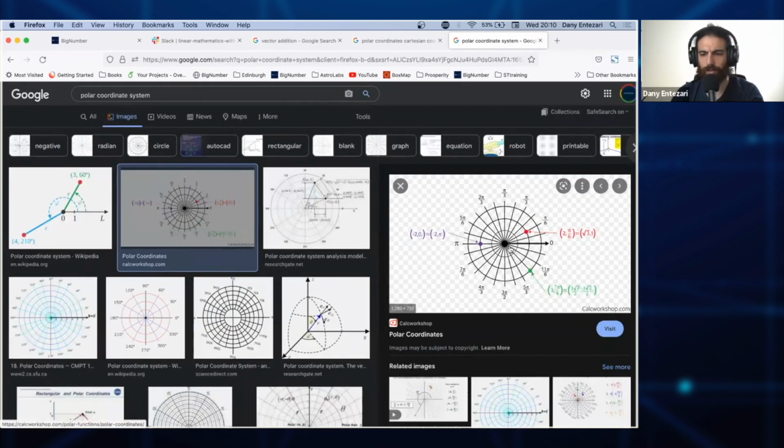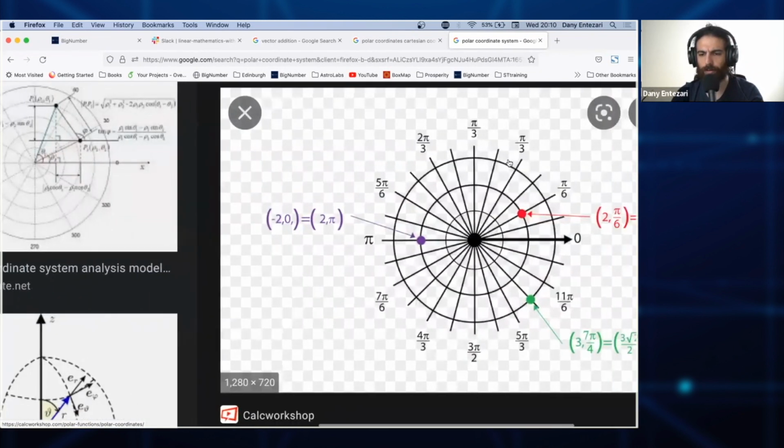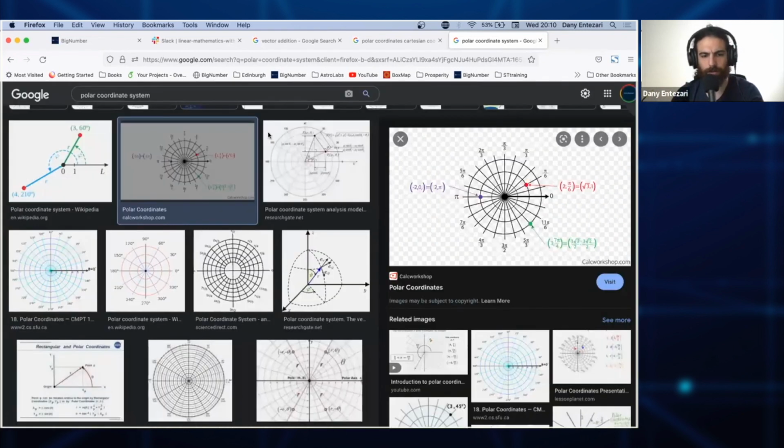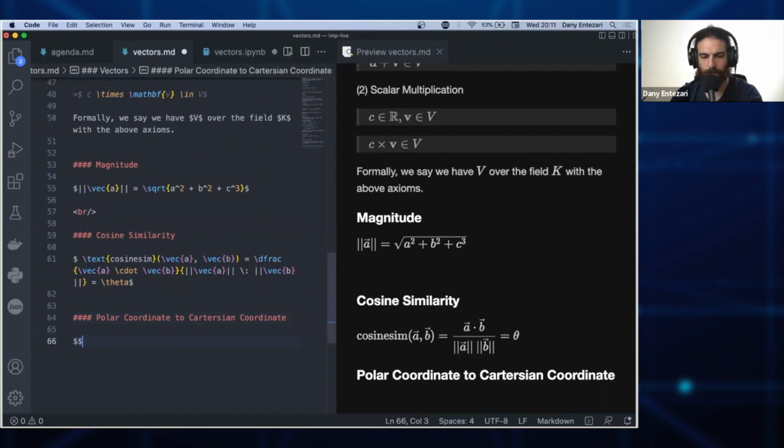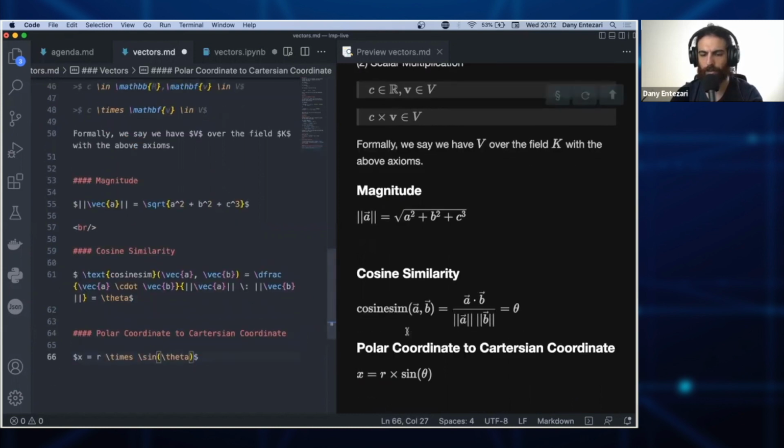Okay. So if you want to, for example, go from polar to Cartesian, you calculate it this way. We go x will be equal to r, which is the radius, times sine of the angle theta. And if you want the y, you multiply it by cosine theta.